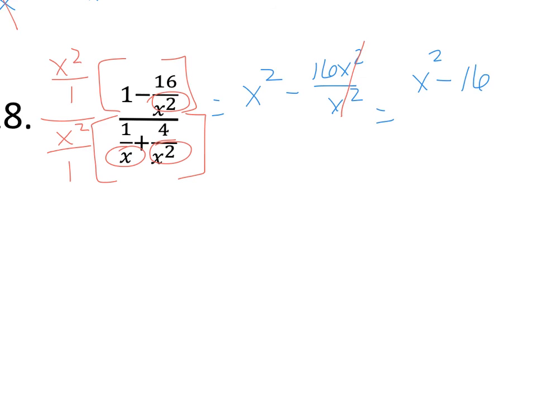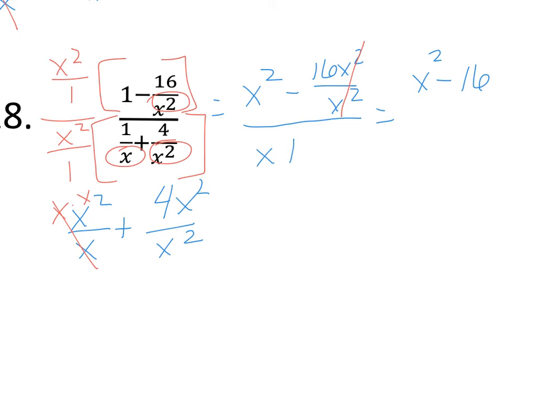Oh, that's interesting. All right, now to do this denominator, we'll end up with x squared over x plus 4x squared over x squared. And reducing here, we end up with x plus 4.